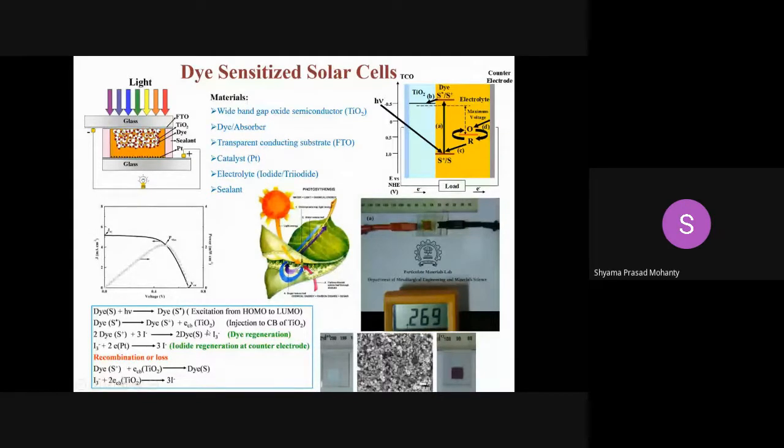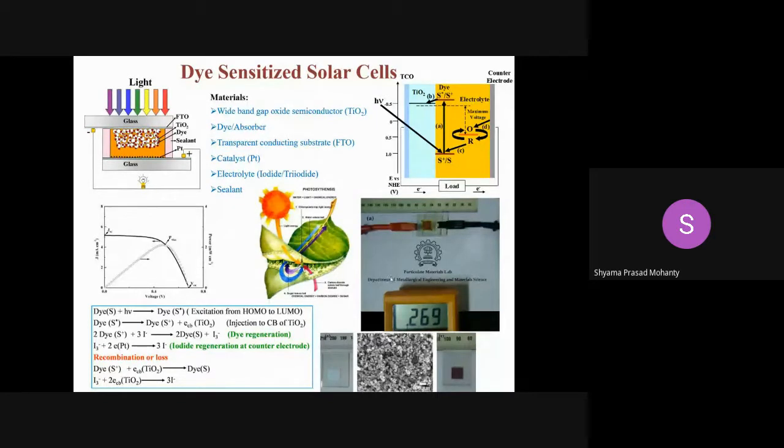There are some loss mechanisms also, in that the electron at the TiO2 may recombine with the oxidized dye or the triiodide. But this has been inspired by nature, by how photosynthesis works, and it can also work under a normal house lighting system.